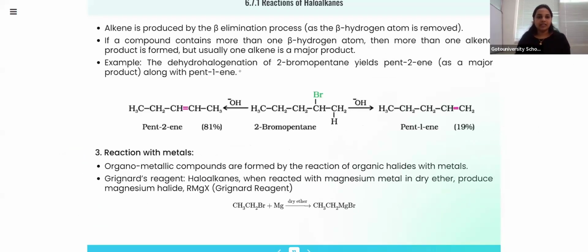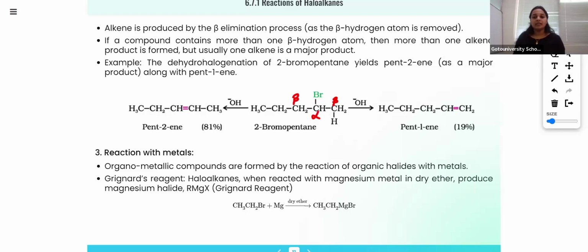Now, see another reaction, reaction with metal. Before that, here the elimination is taking place. In the elimination reaction, again, we have some differences. This is the reactant. This is the alpha carbon, the halogen-connected carbon. We have 2 beta carbon atoms here and here, right? So what will happen? The halogen is removed from this alpha carbon. Hydrogen is removed from either here or here.